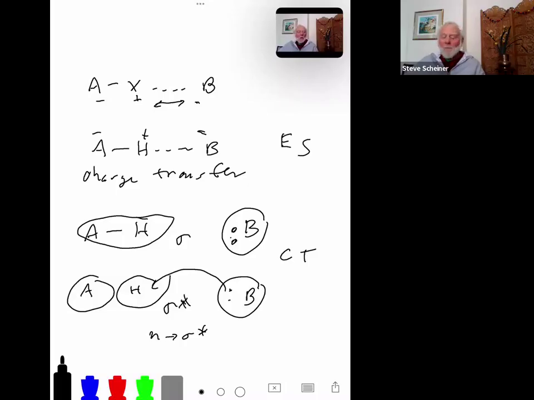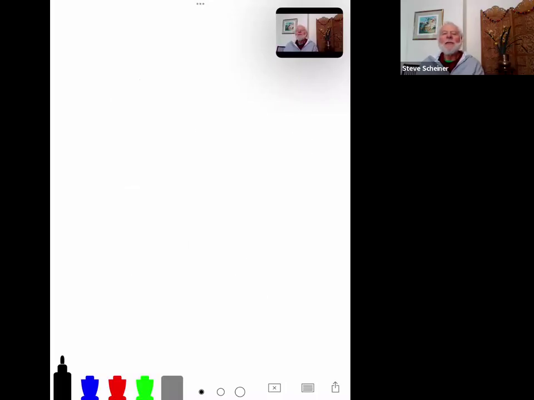So what makes the hydrogen bond unique? In some ways, not much. It's not very unique. But unlike some of the other things, it tends to be fairly directional. So if we have an AH bond, this base can be coming from a lot of different directions. If this was purely electrostatic, it wouldn't matter a lot which direction the base came from.